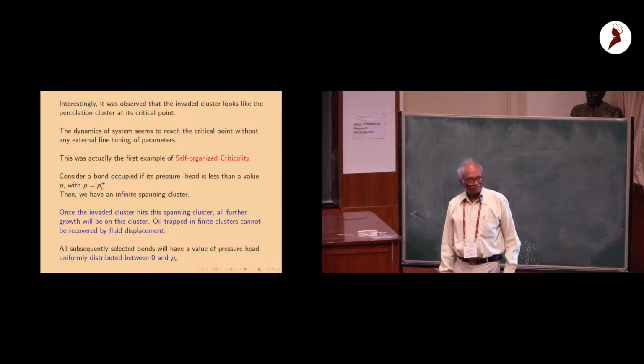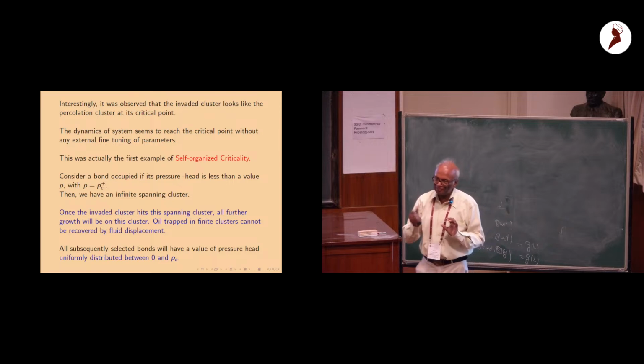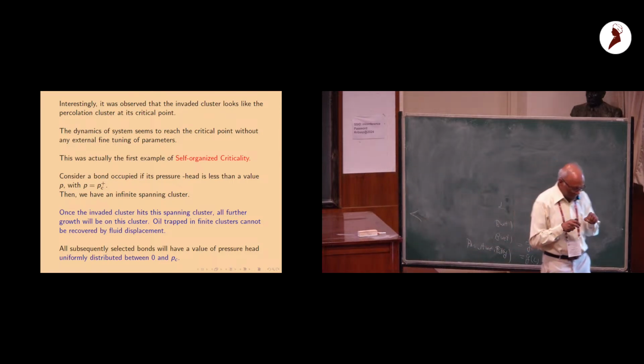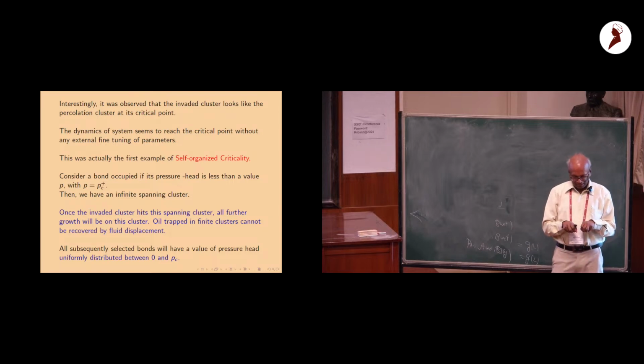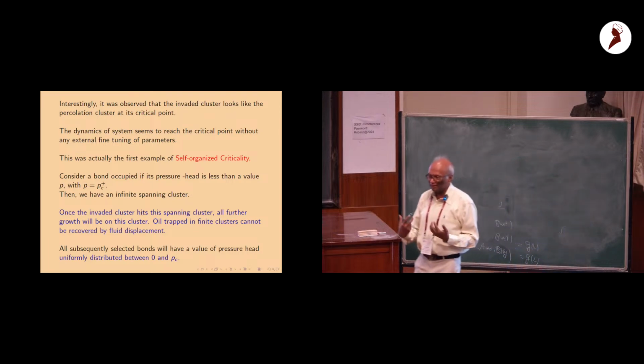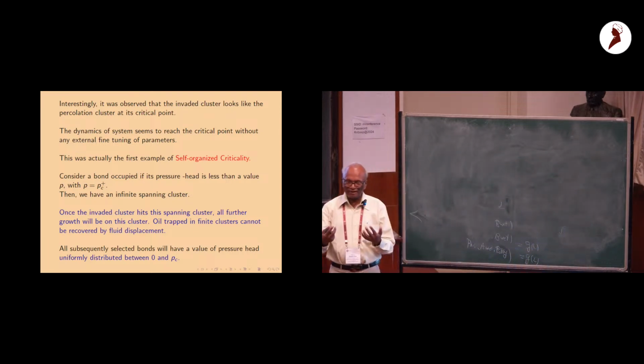Okay? So I take this. For every p above pc, it will form a spanning cluster. Now I take my starting point and I keep pushing. So the cluster of invaded sites, at some point, will reach this red cluster.